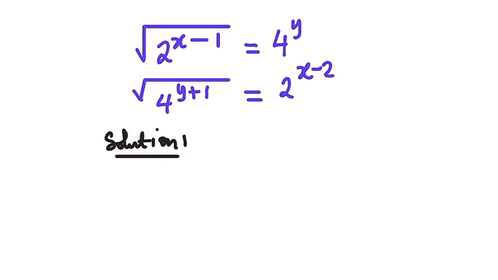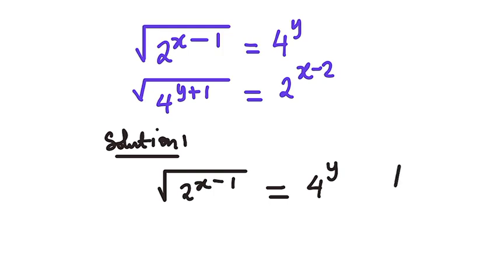Now we have the square root of 2 to the power of x minus 1 equals 4 to the power of y. Right, so I'm going to rewrite this, because whenever you have the square root, it's the same thing as having 1 over 2, where the square root turns into a fractional index.